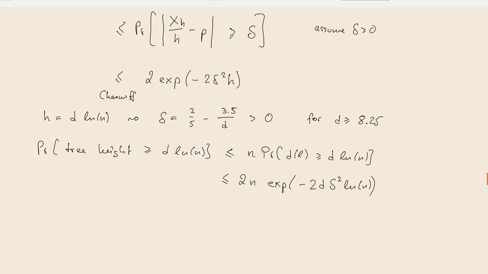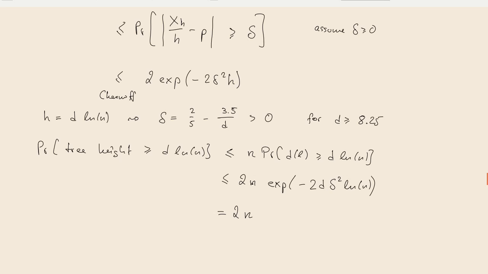Okay, we can just leave the delta as it is. That's more convenient than to insert its definition. But what we have here is an ln n in the exponent and an e to the and so on. So this is nothing but n to the minus rest, okay?